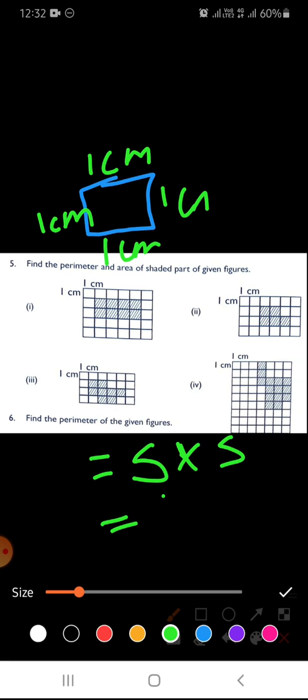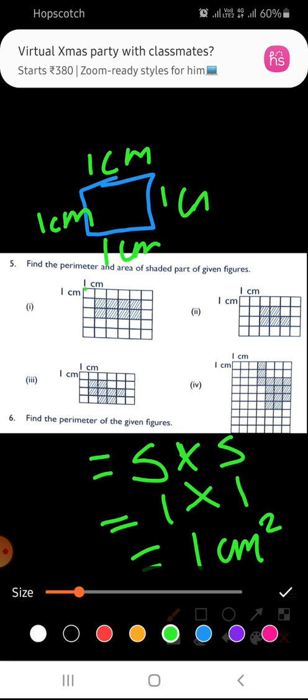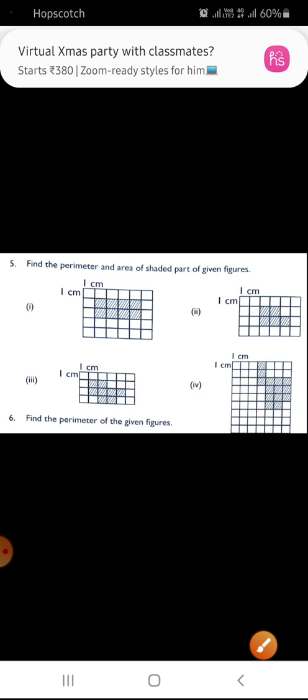So what's the side? 1, and the other side is also 1. So we can say that the area of one box in this figure is 1 centimeter square.